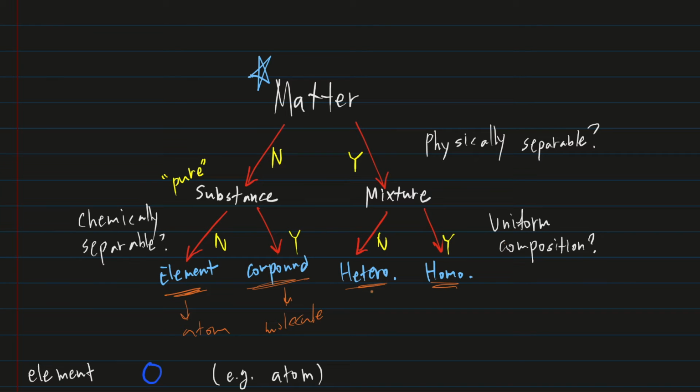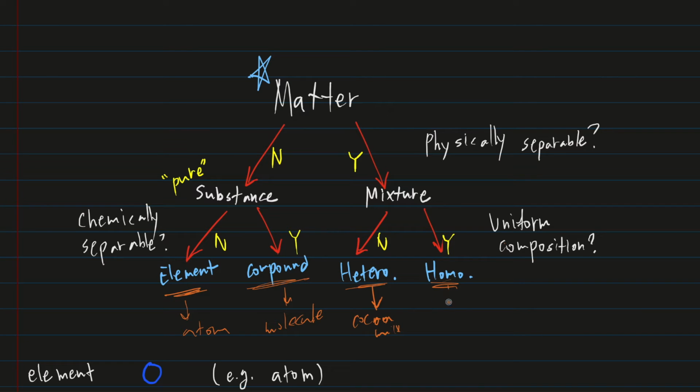In the case of heterogeneous mixtures, one big trait is that we can actually see the particles sometimes, because they don't have uniform composition. Something like cocoa mix. We can see the particles if you have some good eyes.